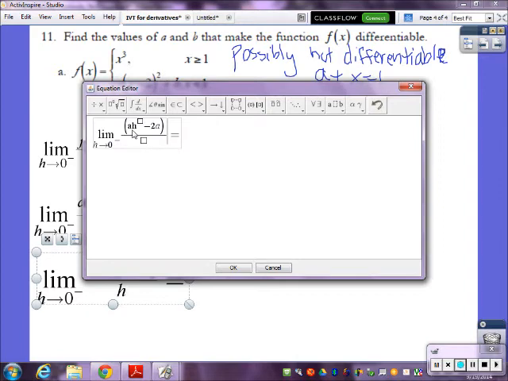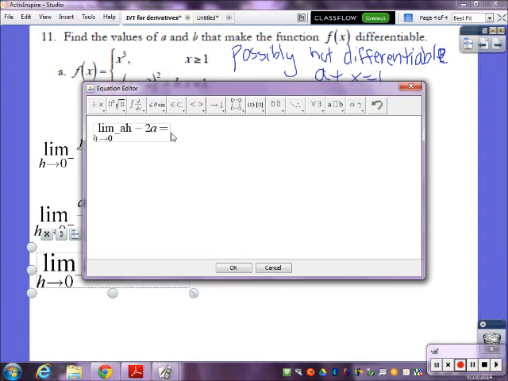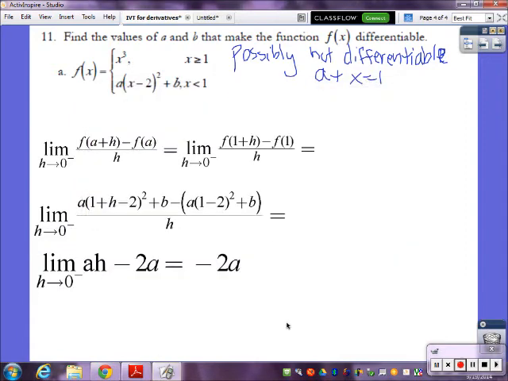So I have ah minus 2a. So let's get rid of all that. And then using direct substitution for 0 or plugging 0 in for h, I end up with just negative 2a. So my left-hand derivative equals negative 2a.